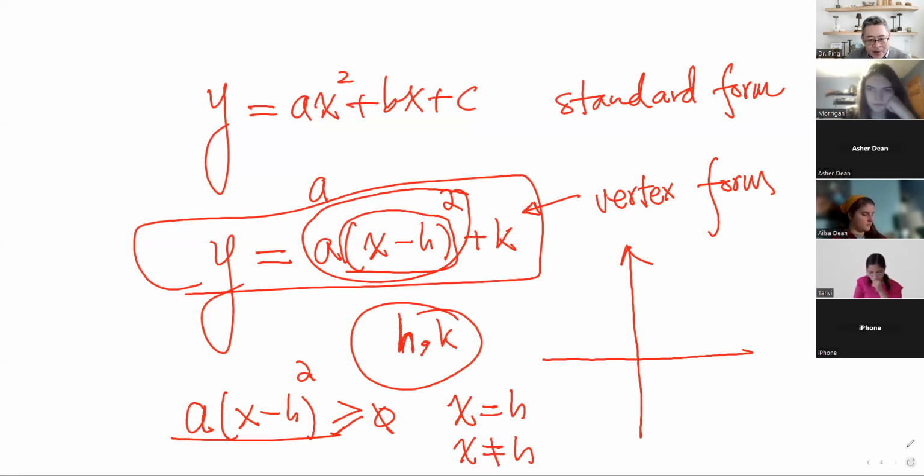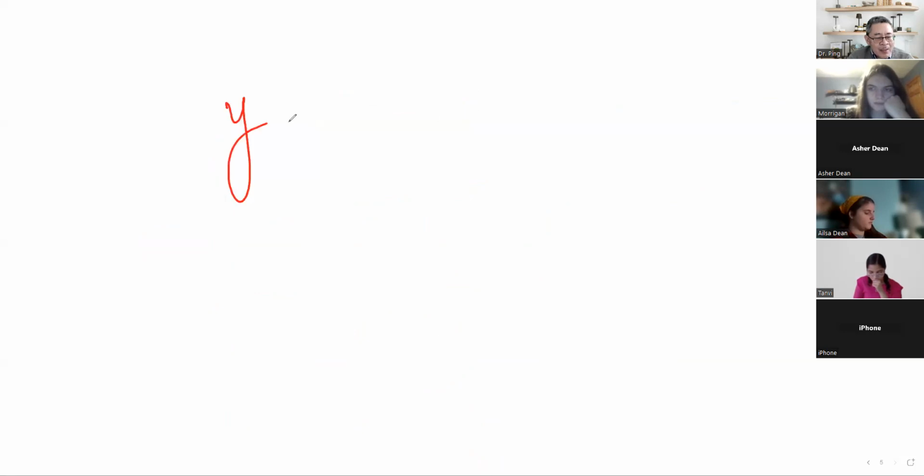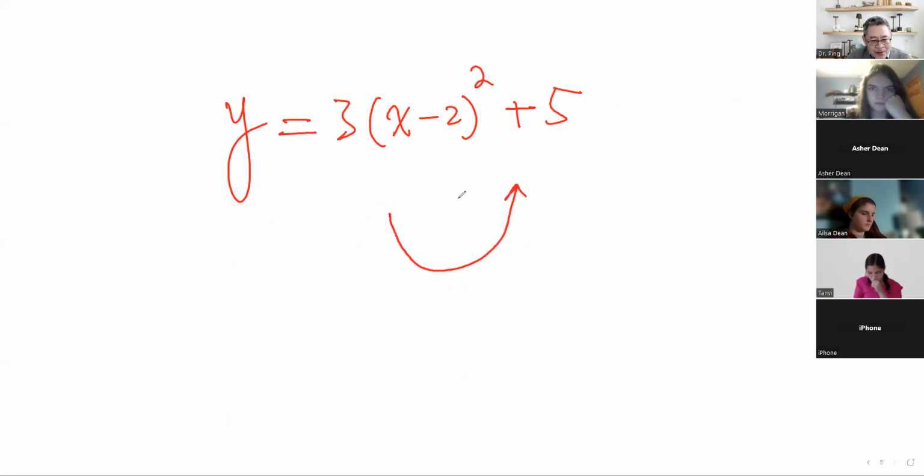I'll give you an example here. When we have, say, y equals 3 times (x minus 2) squared plus 5, then we know the graph is going to be like this, and this point is 2 comma 5, because if x is not 2, this part is always bigger than 0, so it's always bigger than this point.